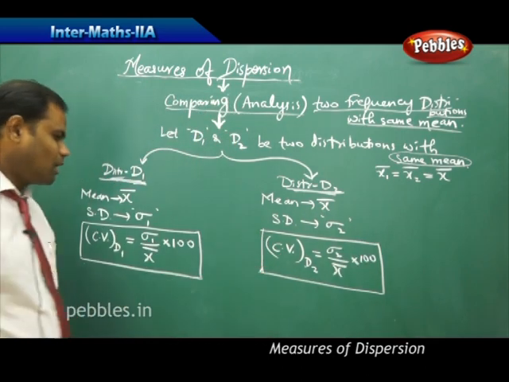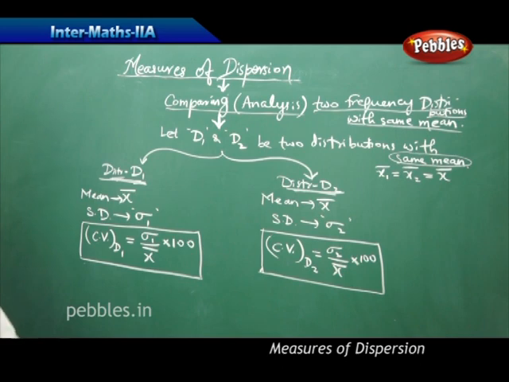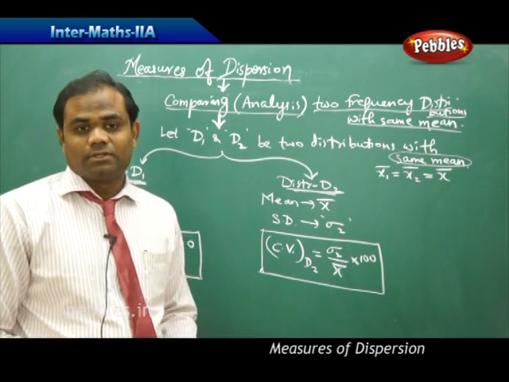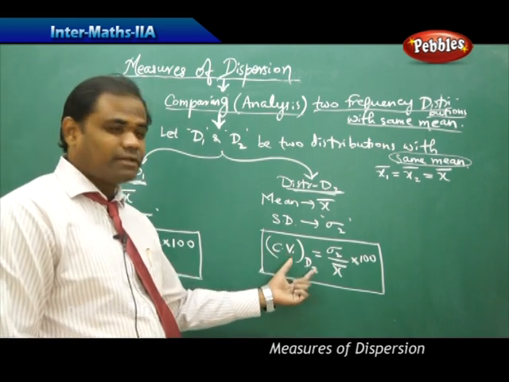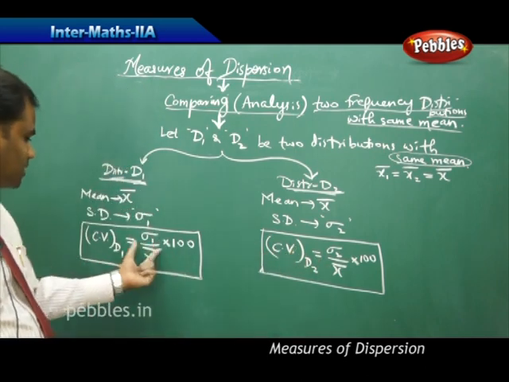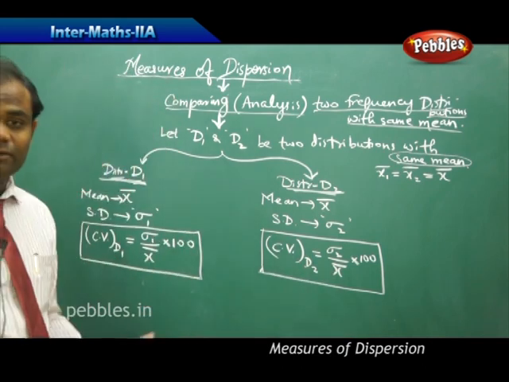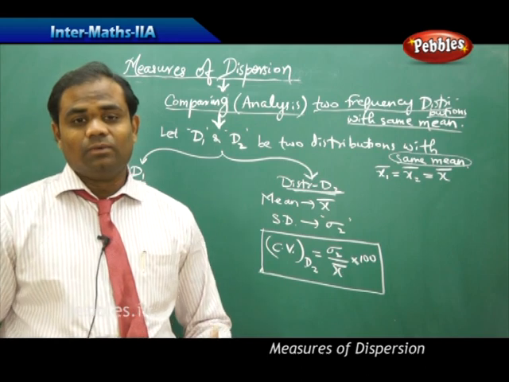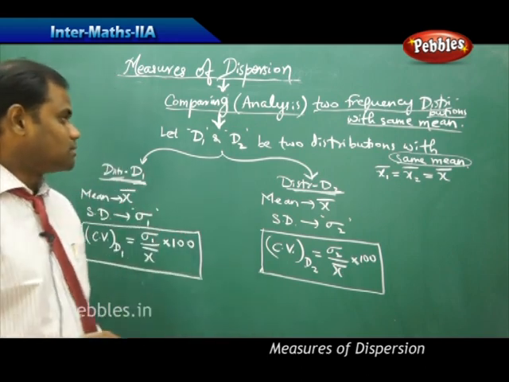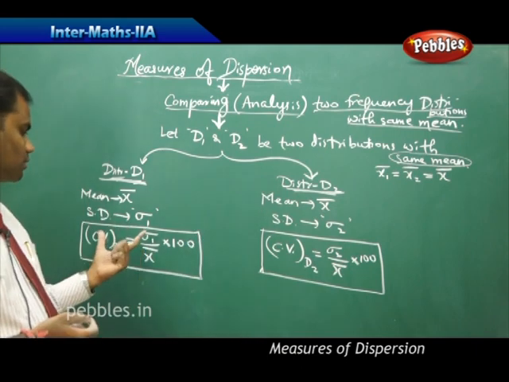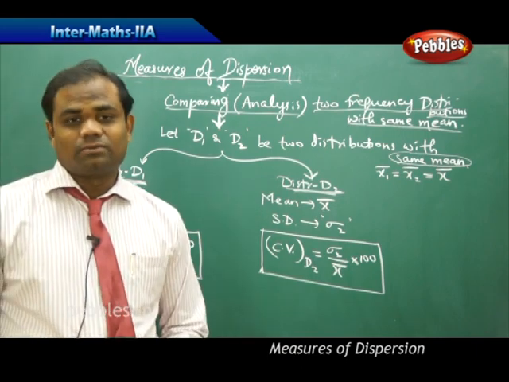Now the question is, what happens to the coefficient of variation of the respective distributions with a change in the values of sigma 1 and sigma 2? Of course, x bar being fixed and the same, that is how we compare the distributions D1 and D2 through sigma 1 and sigma 2.